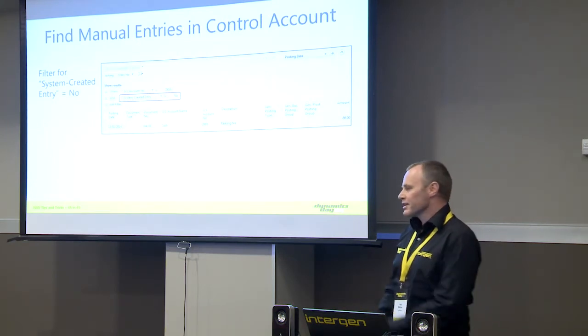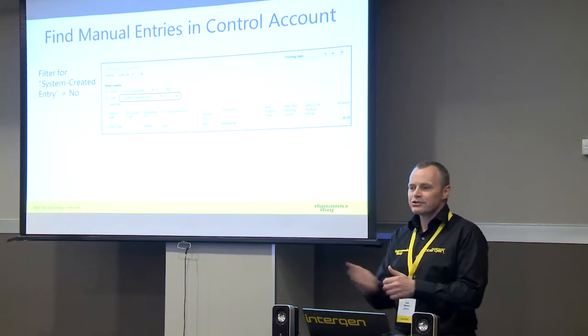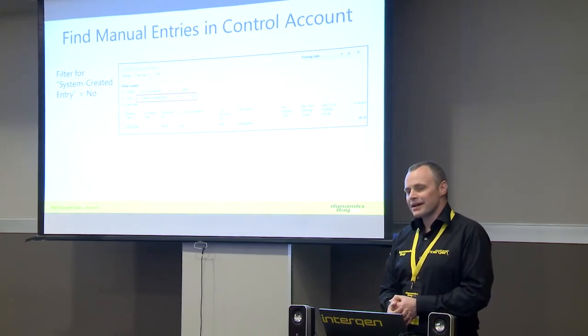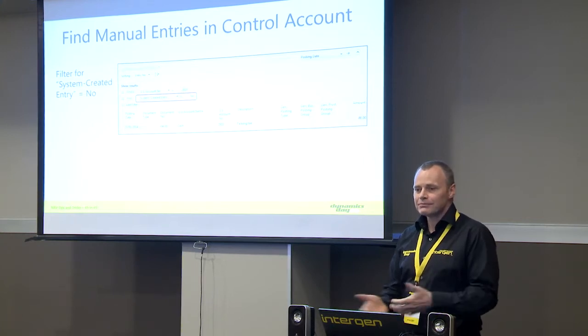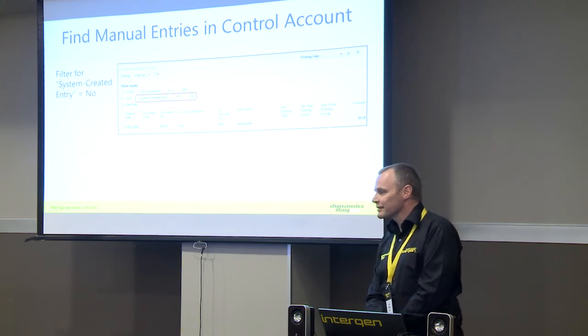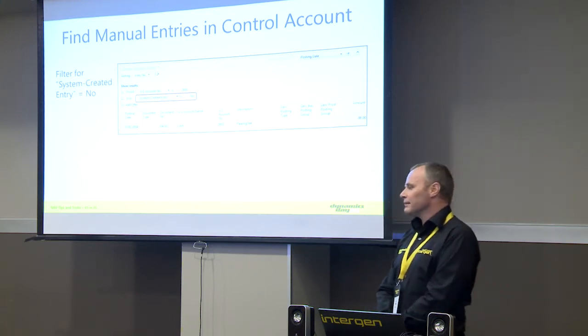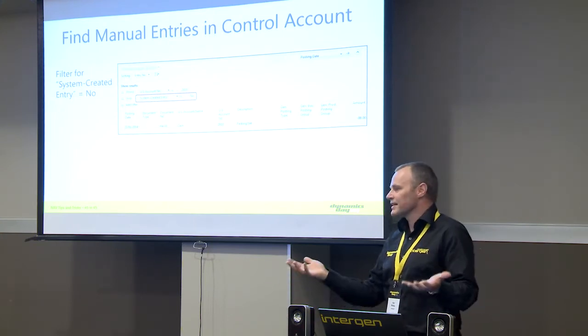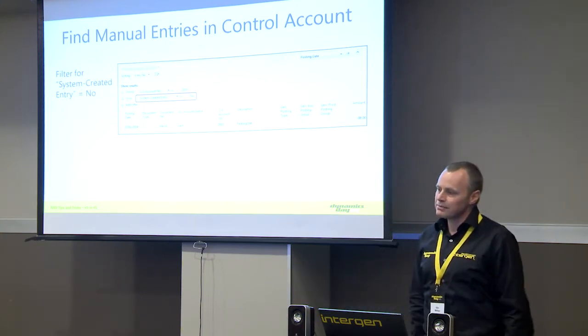Finding manual entries in a control account. So if you've got direct posting equals no because it's a control account, and you've maybe for a period of time had it set to yes, people could be coding expenses directly to the AR control account or something, and you've discovered that it's out of balance with the subledger.